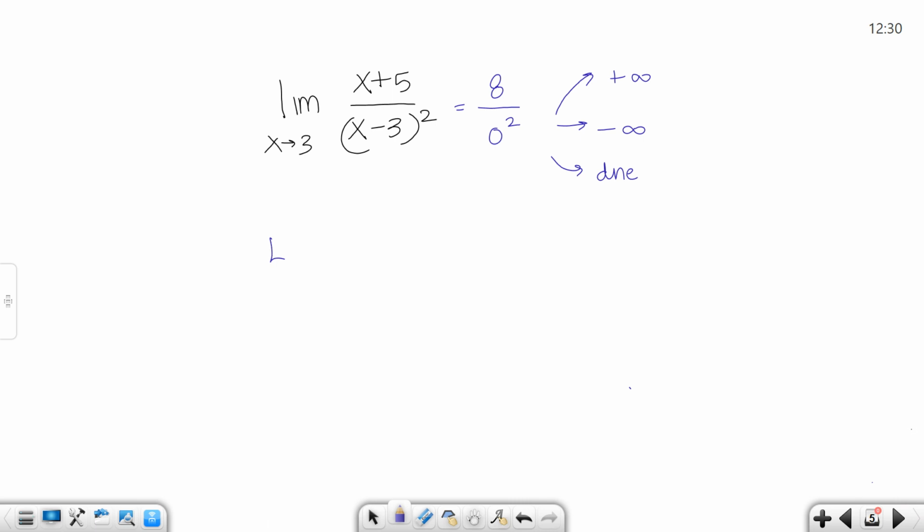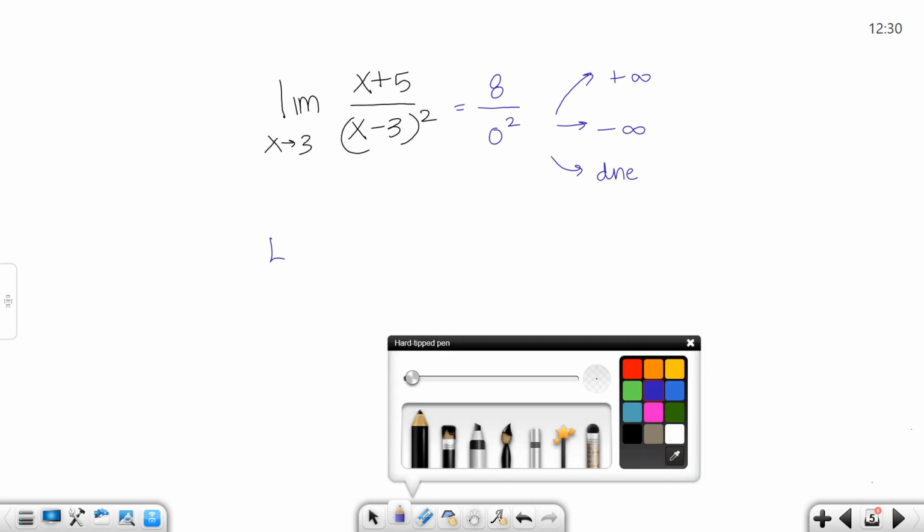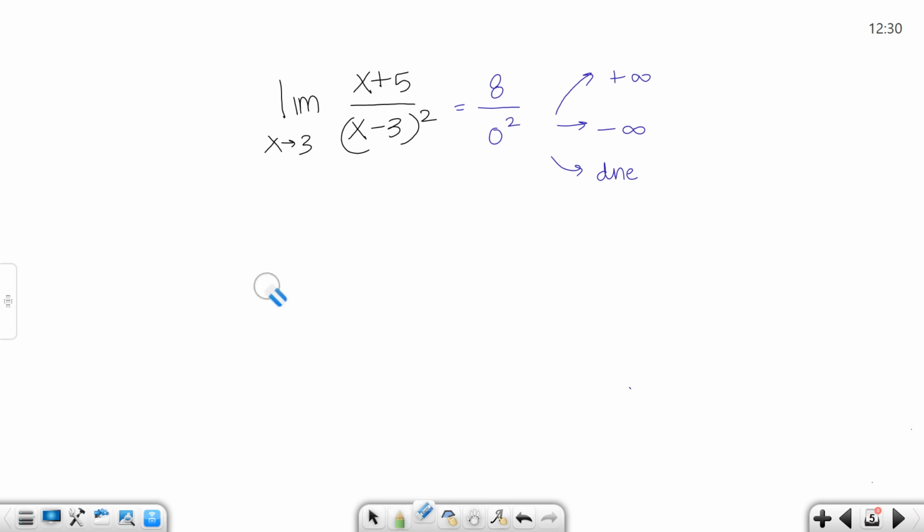So I'm going to start on the left, choose a different color. So when I start on the left side of 3, I would choose 2. So I'm going to plug 2 into this function.